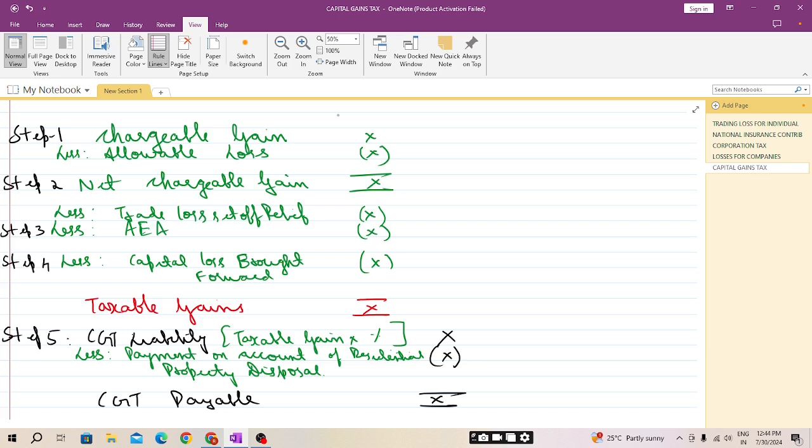Before that, any trade loss set off relief. This we have covered in chapter number 10 under income tax, the loss relief for individuals.